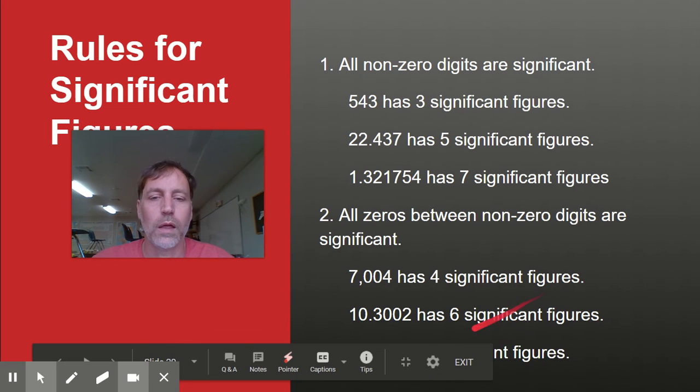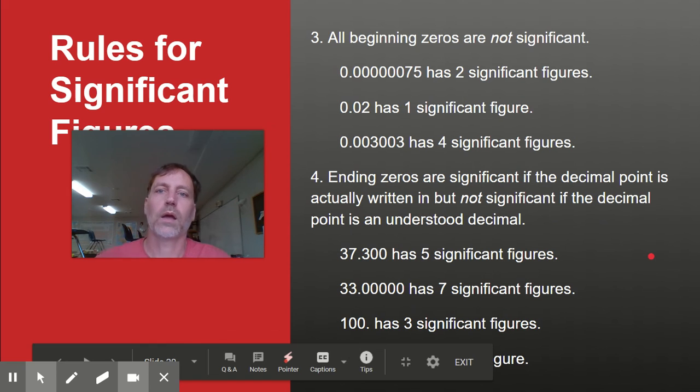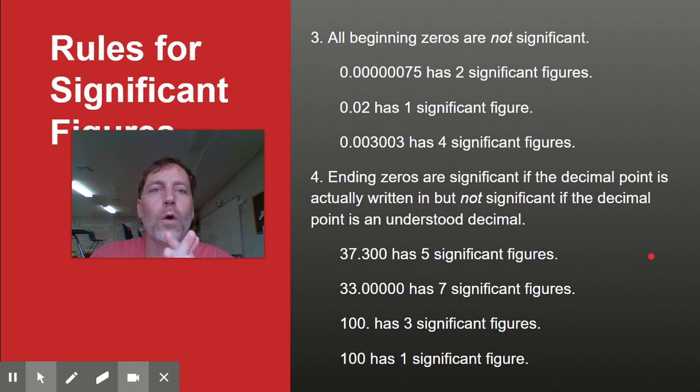Okay, and then finally, we have two more here. We say all beginning zeros are not significant. So all these zeros in front of these numbers, the only significant figures are the non-zero numbers. So if you have zeros to the left of non-zero numbers like that, those don't count.